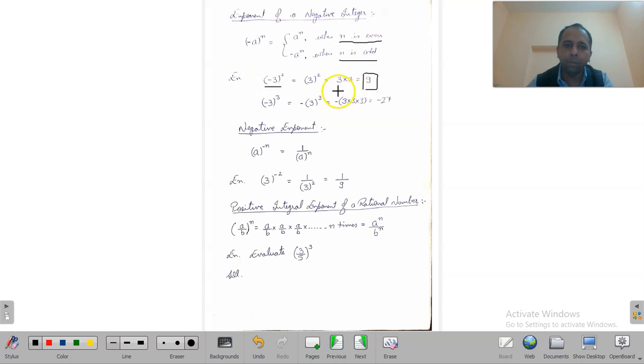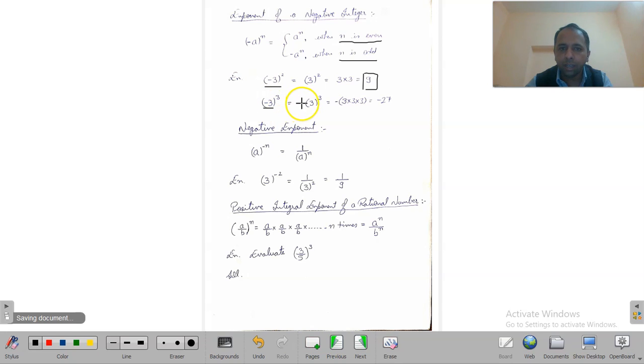Let's take another example. Minus 3 to the power 3. Again the base value is negative, minus 3, but now the exponent value is an odd number. It is 3 here. So now it will become negative of 3 to the power 3.